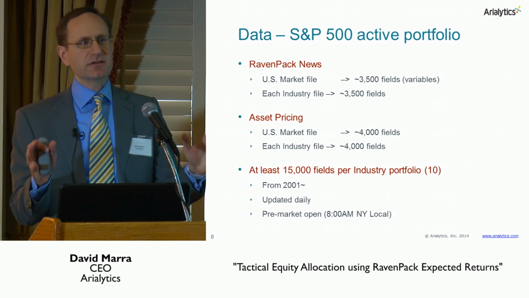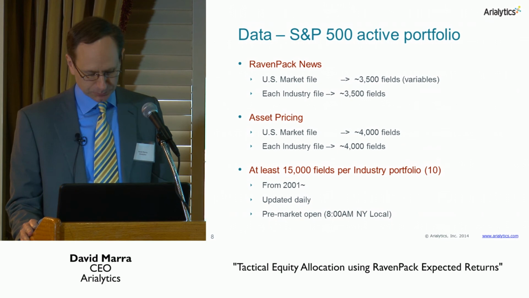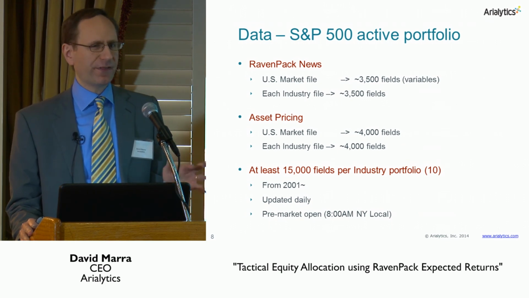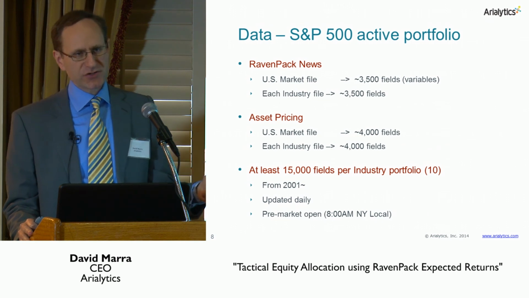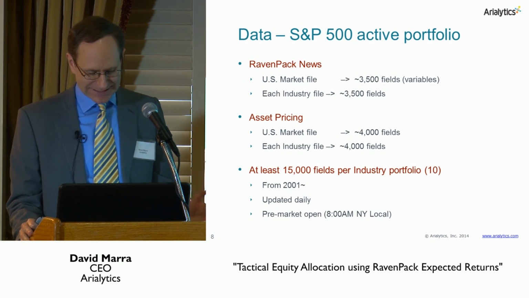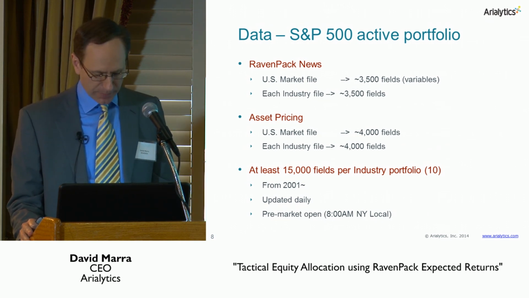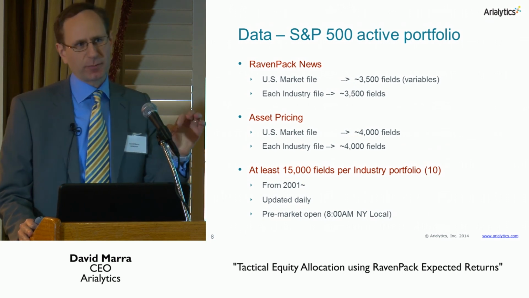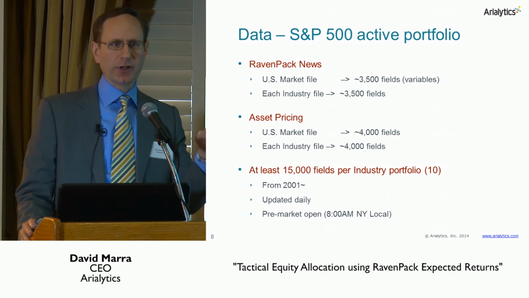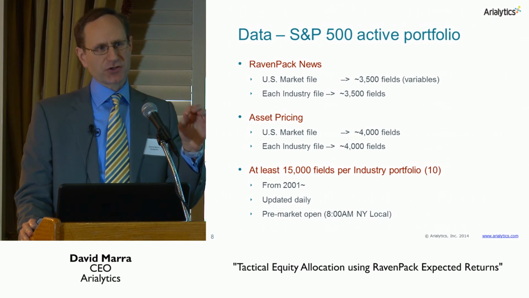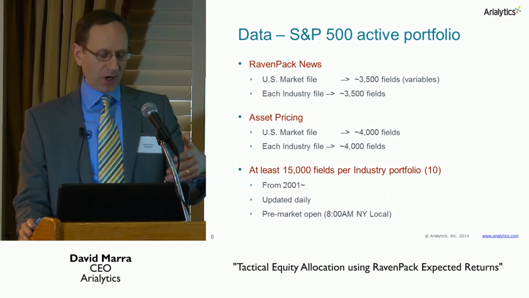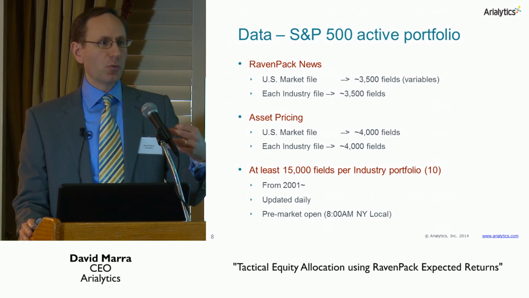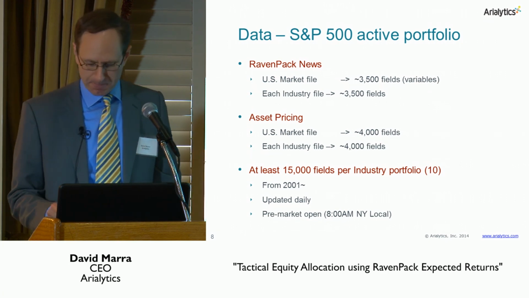There's our two classes of state variables that we're using. So we've got about 15,000 variables per industry. It's daily from 2001, and it's timed to just about 90 minutes, I think, prior to market open, so that an investor could use the output of this process that we're going to get into, to make a decision daily.